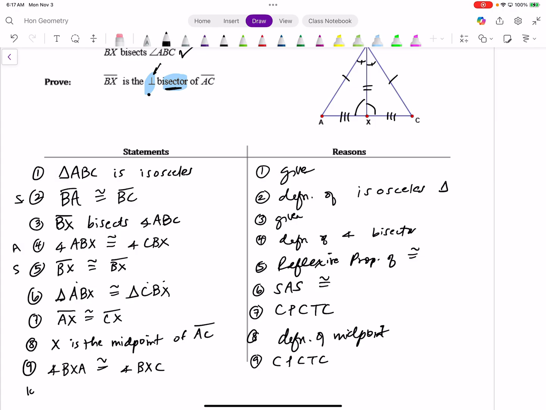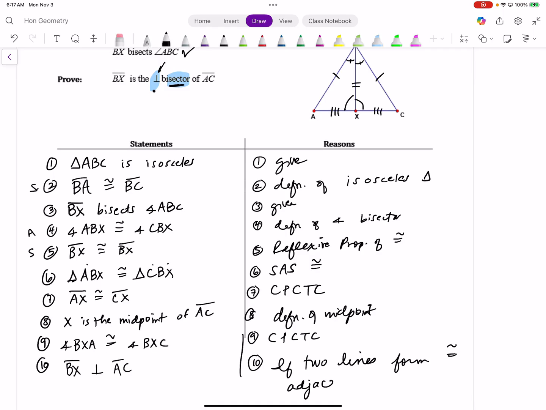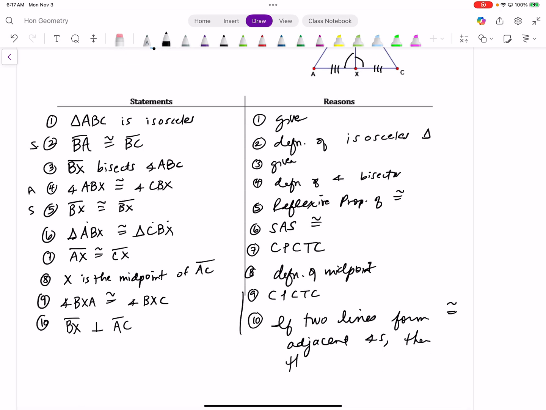And then let's just go ahead then. That means that, let's use an old theorem, that BX is perpendicular to AC, because if two lines, we haven't done this theorem in a while, if two lines form congruent adjacent angles, then those lines are perpendicular.